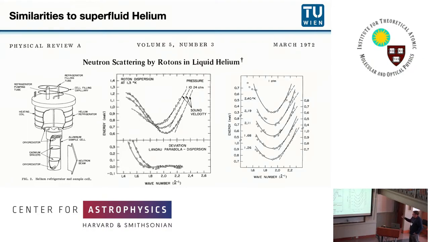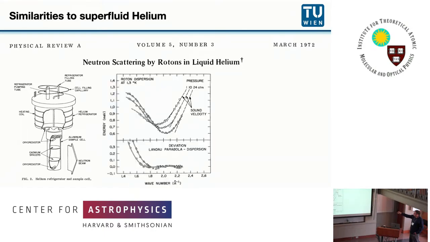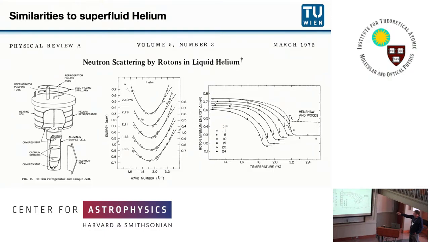But if you take the same paper from the early 70s and really read it to the end, people have actually already looked at this in helium, at the dependence of the spectra on finite temperature, and they see very similar effects. The energy gap of this roton also in helium goes down, right, the roton minimum, which is nice, because we have a nice correspondence here, if you wish to simulate the physics.